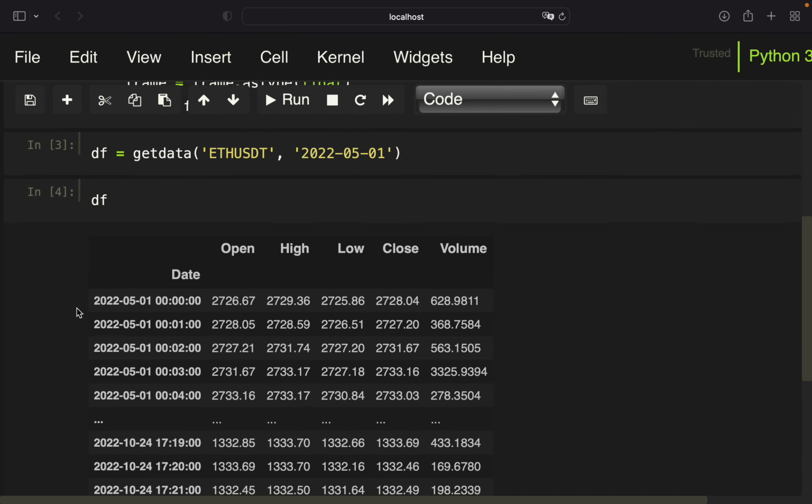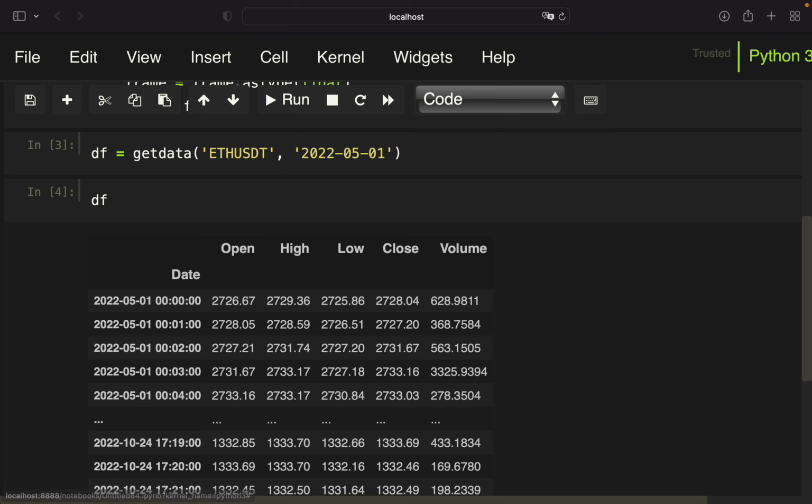Just as a hint, this will take some time to execute because this is pulling a lot of data from the API. There are better ways to work with this huge amount of data. I've covered that in my last video. I will link that in the video description.